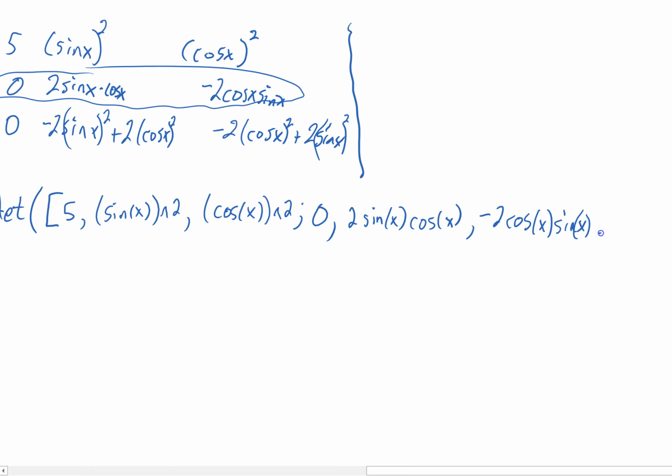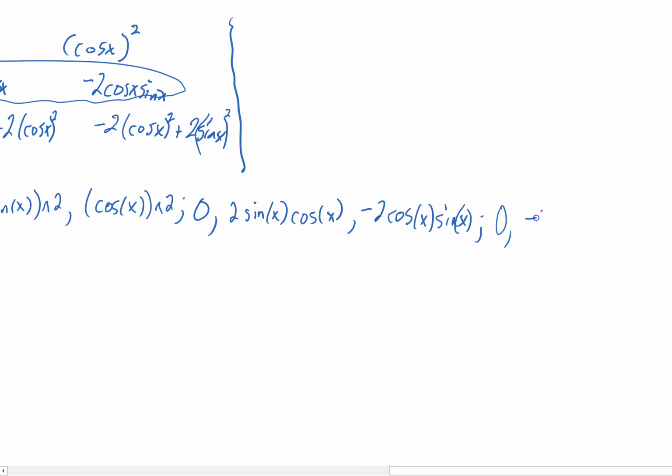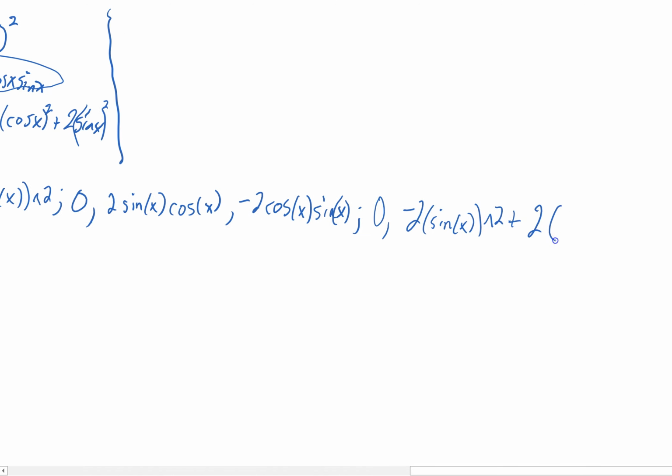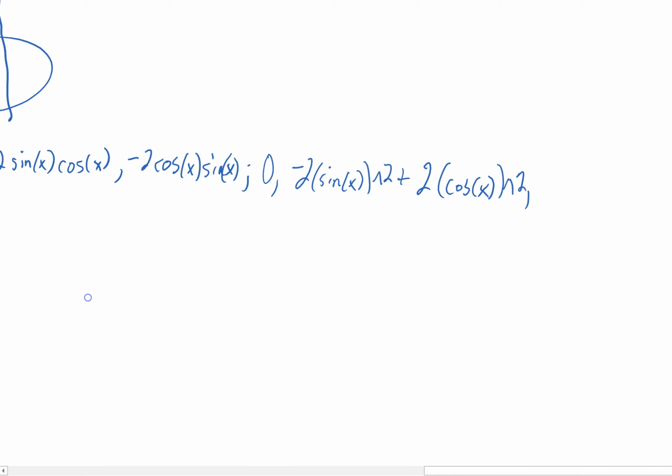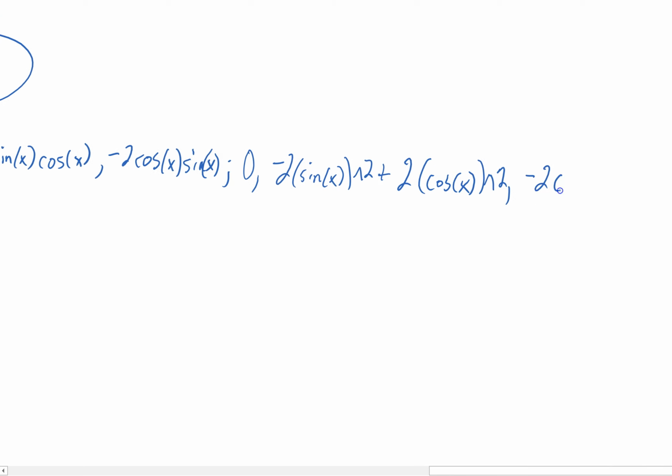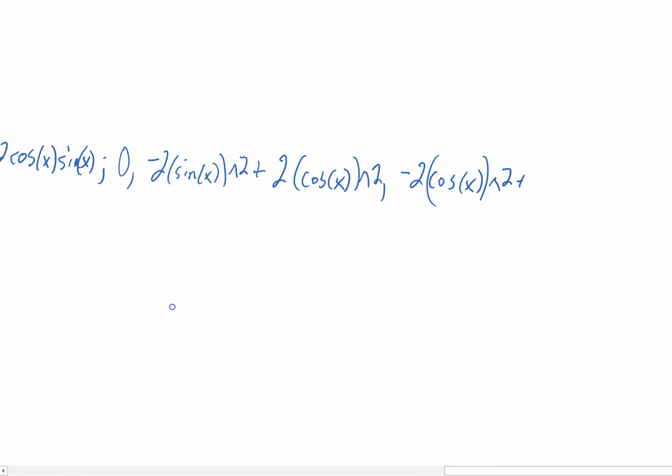Then we'll hit our semicolon, 0, comma, and now is where we just have to write that second derivative. -2 times the sine of x, whole thing squared, plus 2 cosine of x, whole thing squared. And one last one, where we'll go -2 cosine squared plus a 2 sine squared.